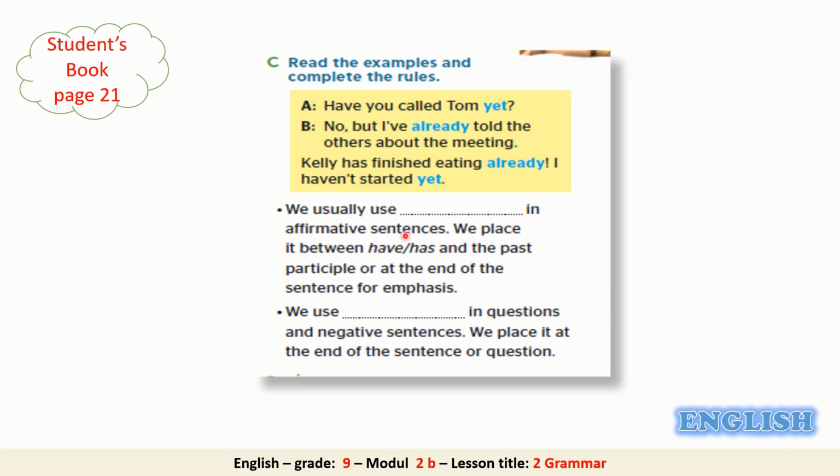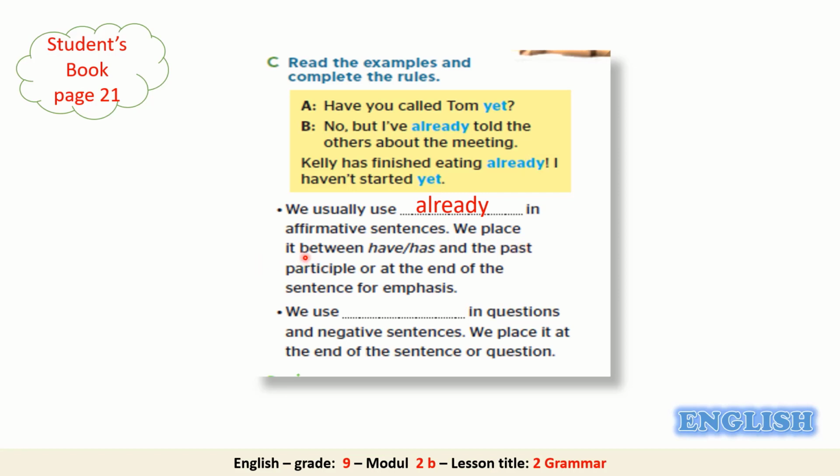We usually use what in affirmative sentences? Affirmative means not negative sentences. What do you think? Which of these do we use for affirmative sentences, yet or already? Excellent. It's already. I've already. Has finished. Both sentences are affirmative ones.